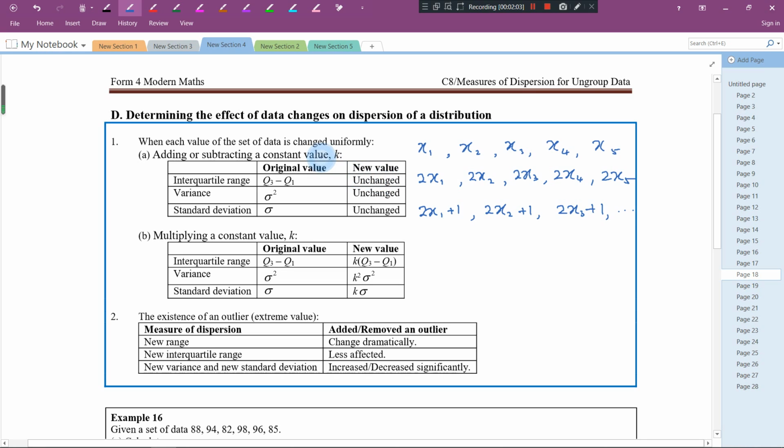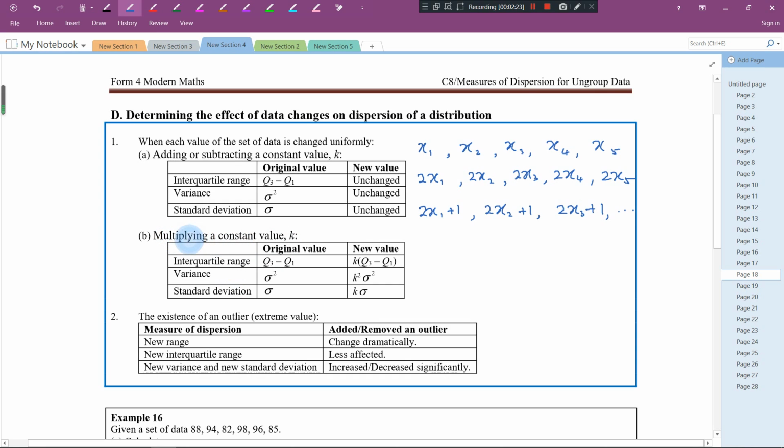So the plus and minus will not affect the new interquartile range, variance, and standard deviation. But when we come to multiply and divide, yes, they will affect the interquartile range, variance, and standard deviation.